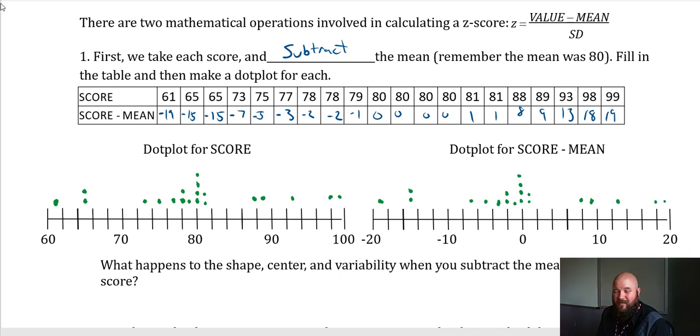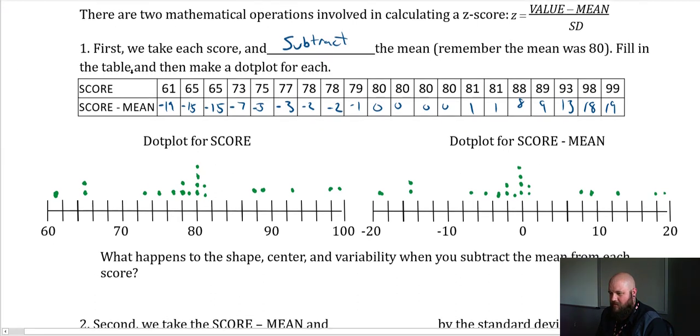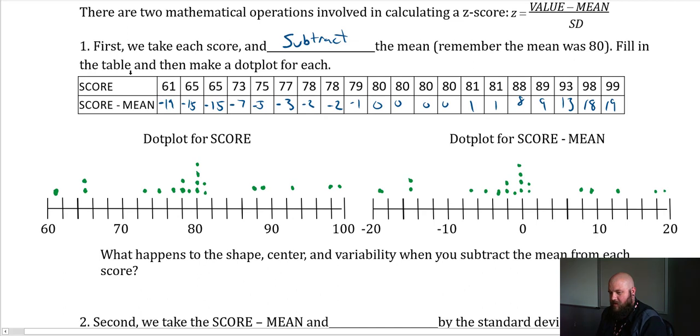So the exact same dot plots. Can't go wrong with that. So if we subtract, it didn't really change much, right? If we look at this here, we simply say the shape stays the same.